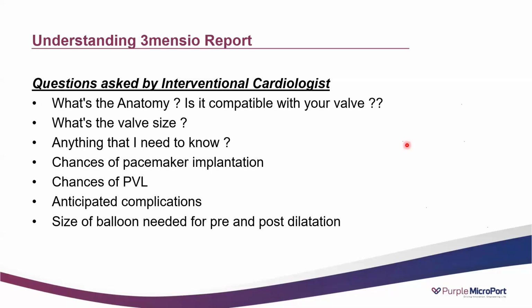And what about post dilatation in self-expanding? Yeah, so post dilatation, if the valve is constricted and if they feel there is a paravalvular leakage. Once the valve is implanted, when all your three petals are released, they will inject dye.